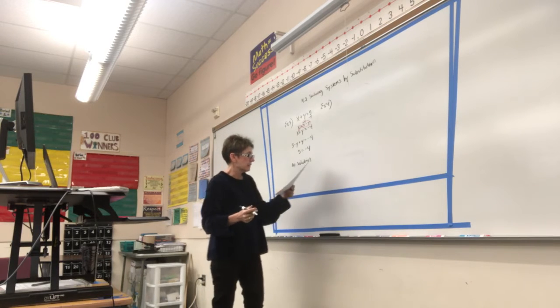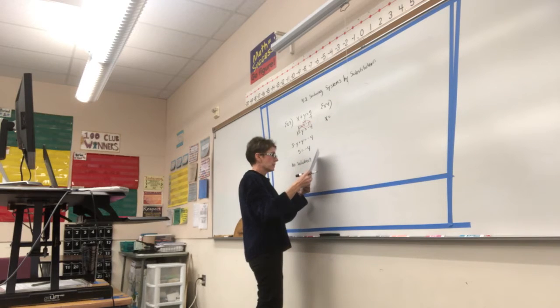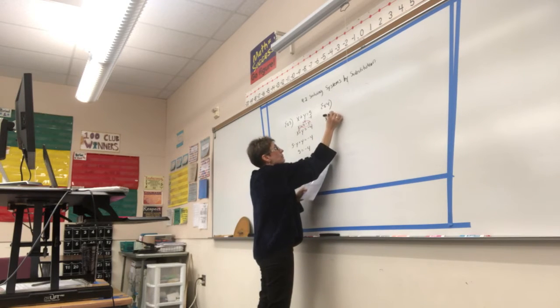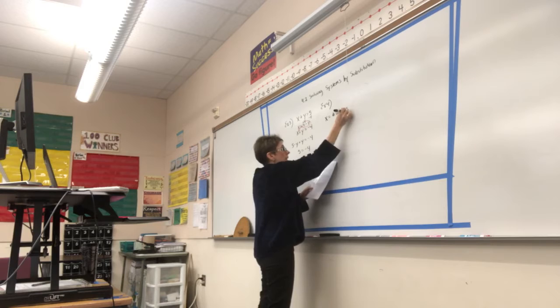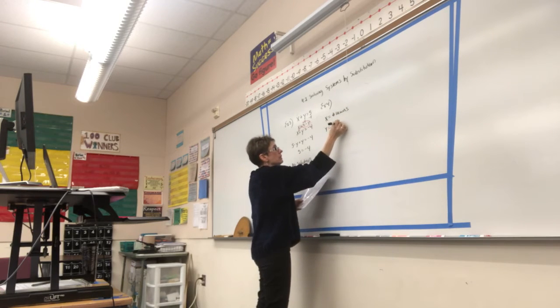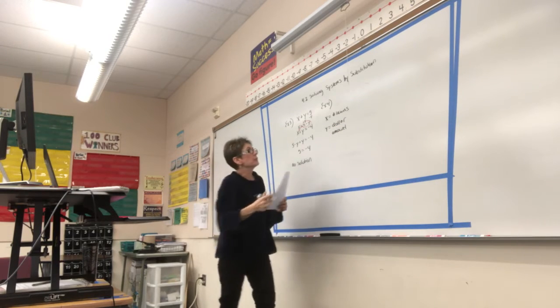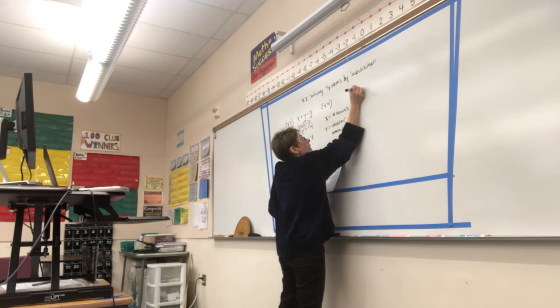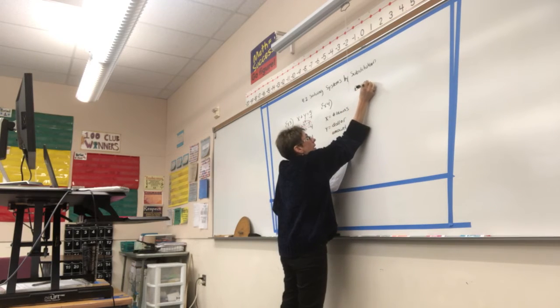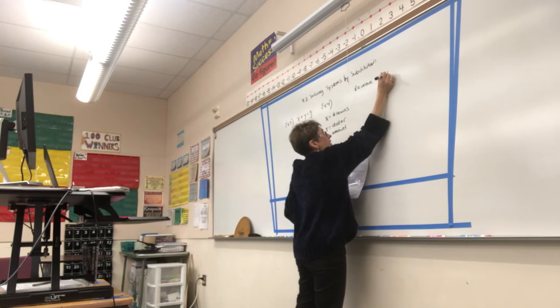Okay, let's write down some facts here. Let's have X be the number of lawns that he's going to mow. And let's have Y be the dollar amount. And we want to come up with an expression for his revenue. And we also want to come up with an expression for his cost or his expenses.